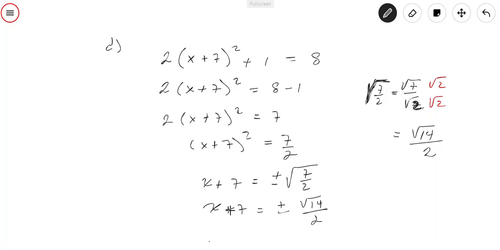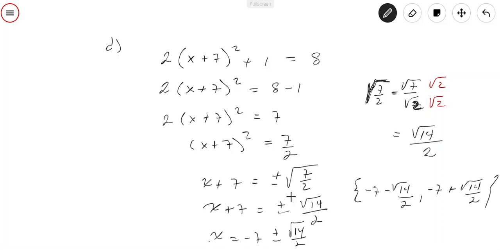And then I will bring the 7 to the right by subtracting 7 from both sides. So I get x equals negative 7 plus or minus the square root of 14 over 2. And that would be the solution of my equation. So my equation has solutions negative 7 minus the square root of 14 over 2, comma, negative 7 plus the square root of 14 over 2. So those are the solutions of my equation for this example.